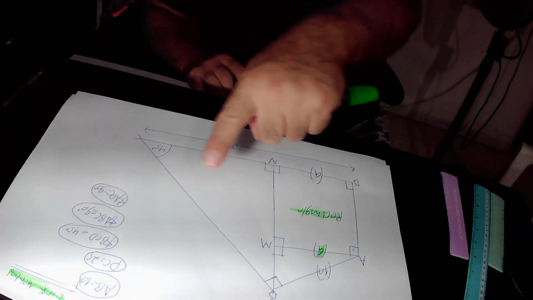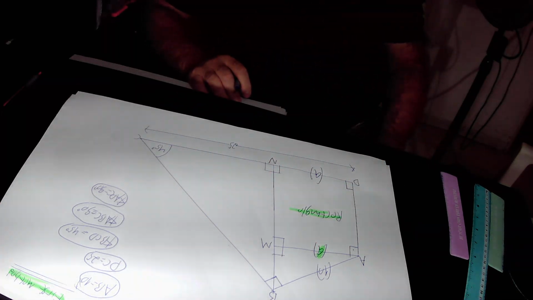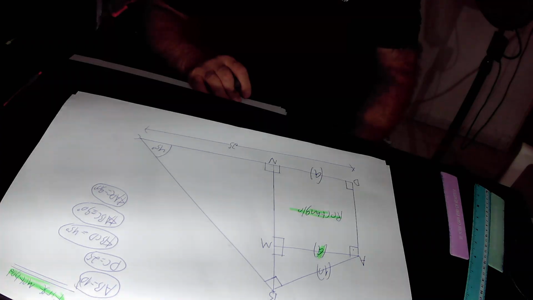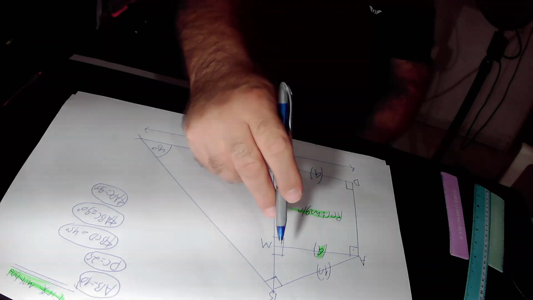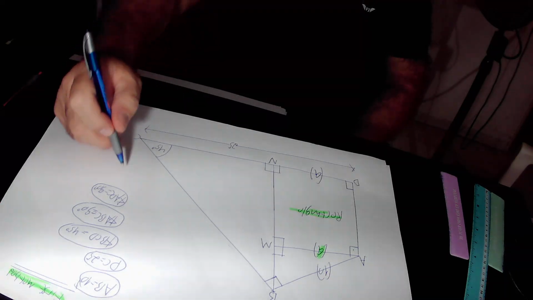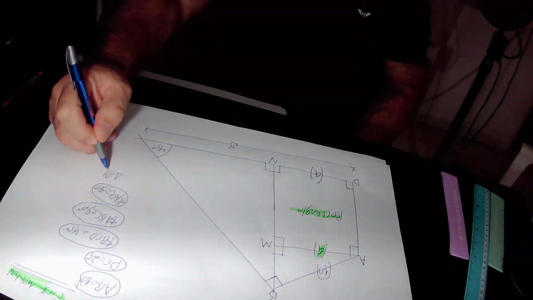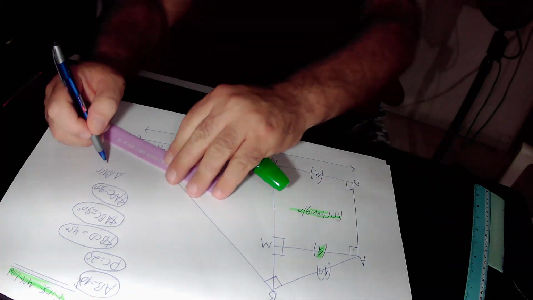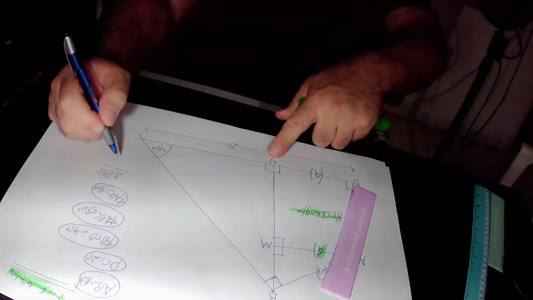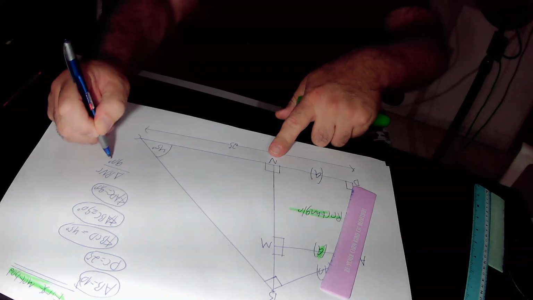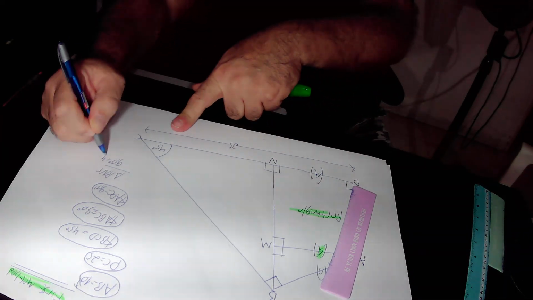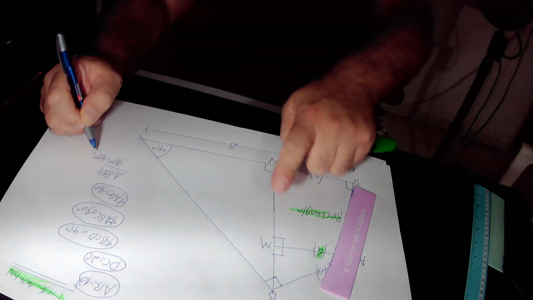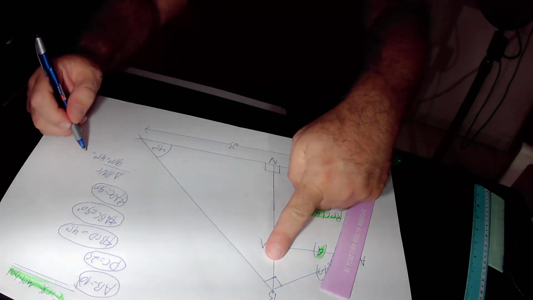This is the right triangle BNC. In this right triangle BNC, the sum of the angles must be equal to 180 degrees. So which angles do we have in the right triangle BNC? We have this angle equal to 90 degrees, plus this angle, that is 45 degrees, plus the missing angle, that is angle NBC.